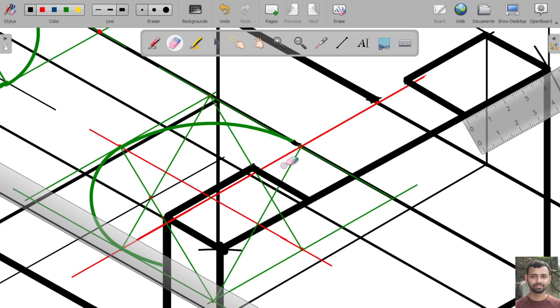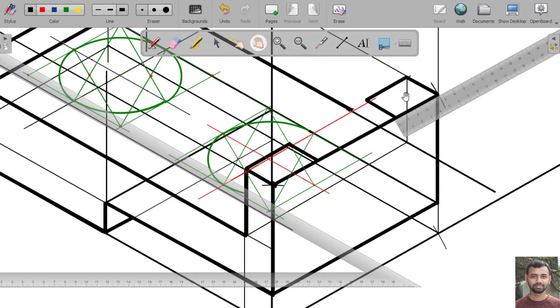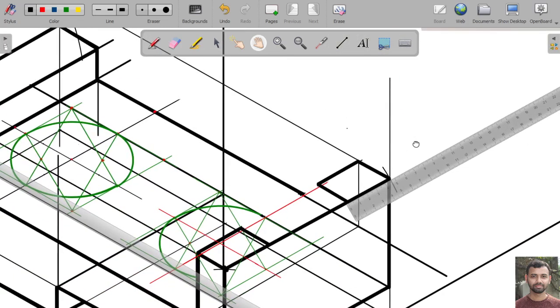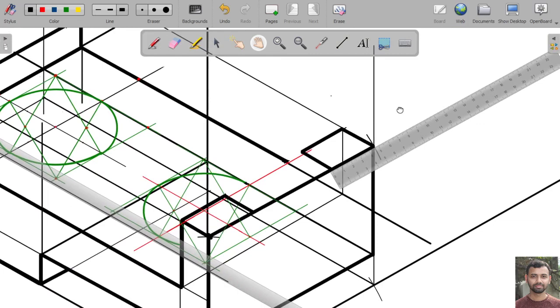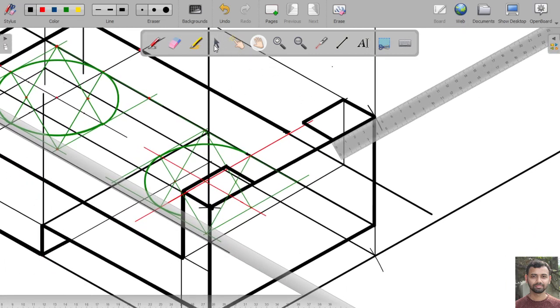So this is the portion. Now the next part is, so from this point it can be seen, this line can be seen, and from this point this line can be seen, and this line can also be seen.